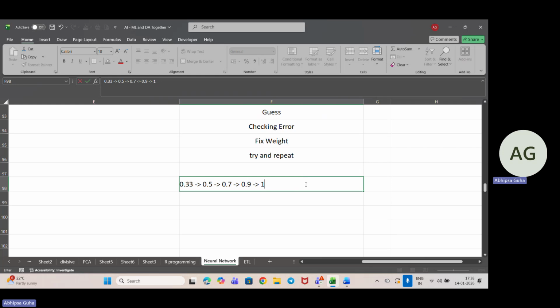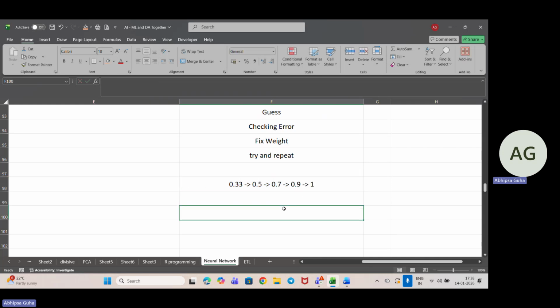Again, I am just giving the complete backward propagation or backtracking flow. So that is the back propagation flow. I am giving it to you once more so that you understand it accordingly. First one is taking input.